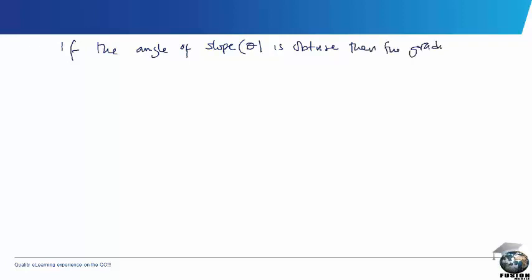I want to make this statement: if the angle of slope theta is obtuse, then the gradient is negative.